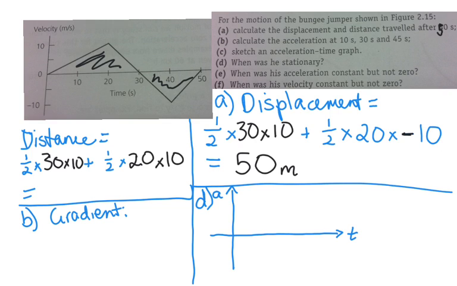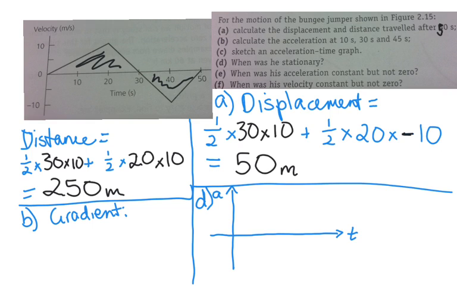And popping that into your calculator, you should get 250 metres. So the total distance travelled by the bungee jumper is 250 metres. That corresponds to the distance of going down and then the distance coming back up again. Whereas with the displacement, the bungee jumper finishes 50 metres away from where they started.